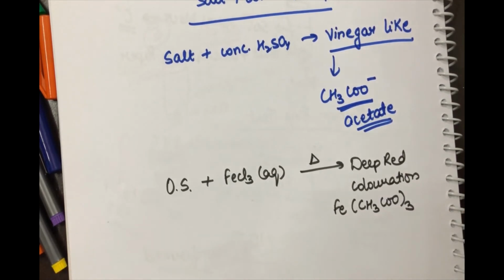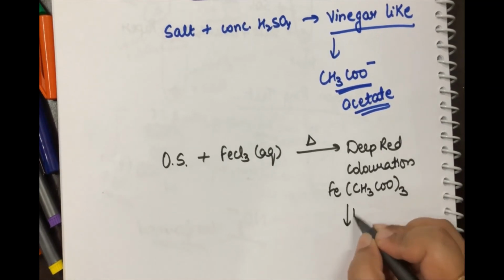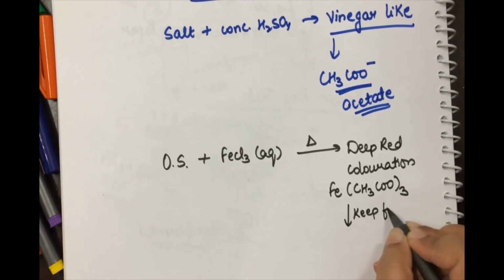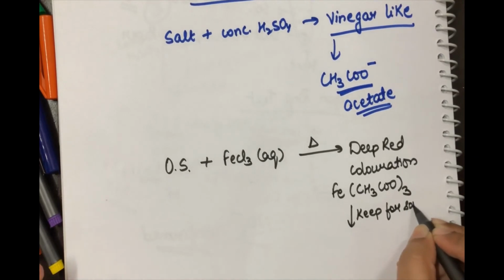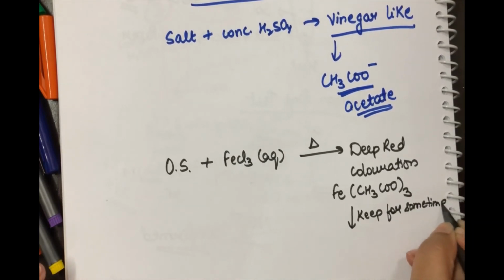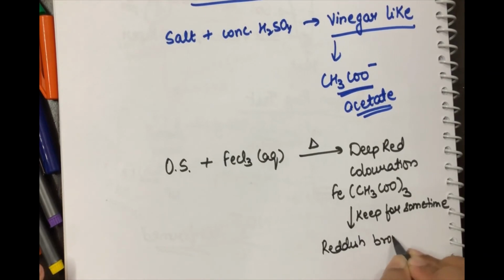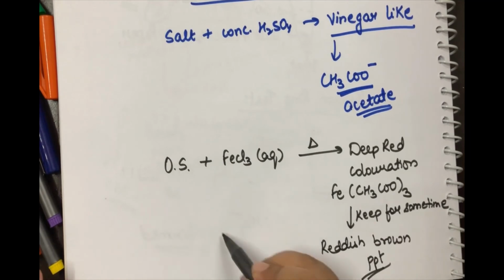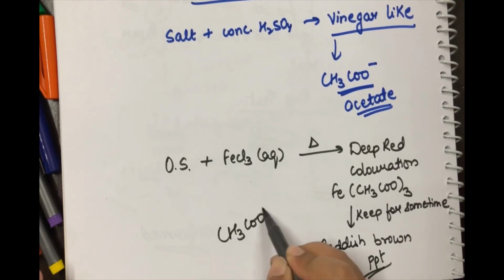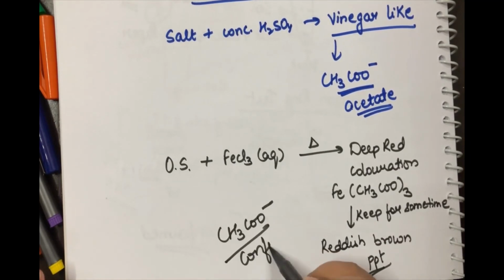This is your iron acetate. And if you just keep it for some time and it changes to reddish brown precipitate, then we say that acetate is confirmed.